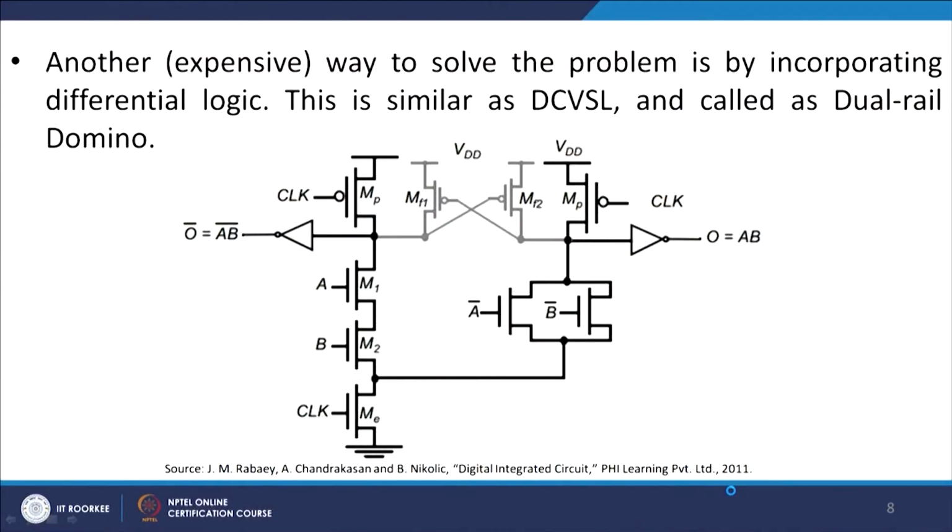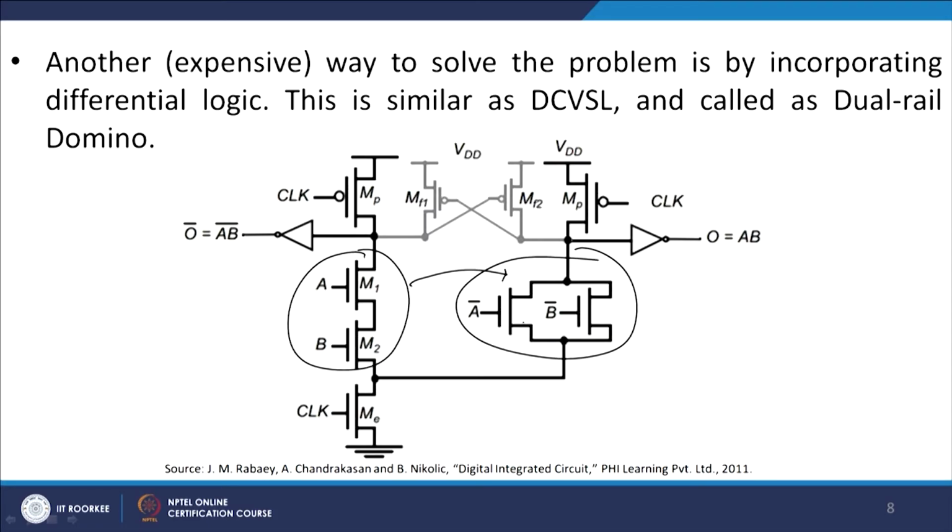Another way of doing this, which we have already discussed earlier, is DC-VSL logic. What we do is take the design and its complementary design, and then run a positive feedback network in order to achieve the output results. So, if you see in this slide, A and B are in series here, which primarily means that A complement and B complement will be in parallel to each other.